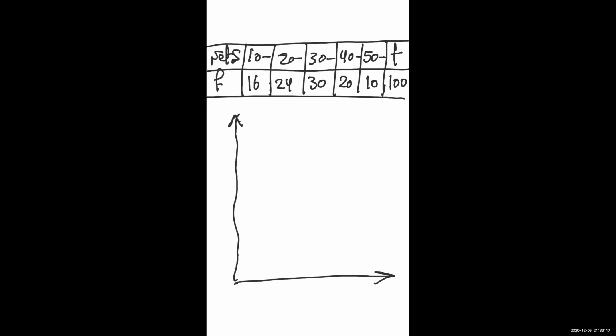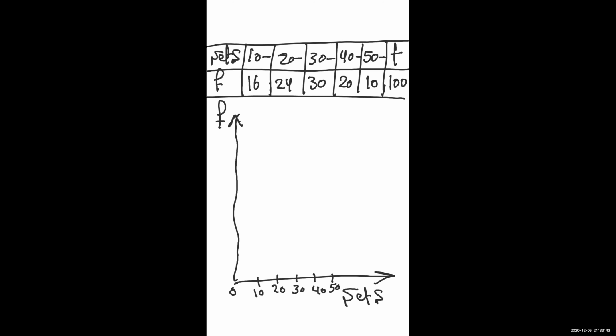This one, of course, is for the sets, and this one for frequency. Then I'm going to place the points for sets: start with 0, and then 10, 20, 30, 40, then 50.